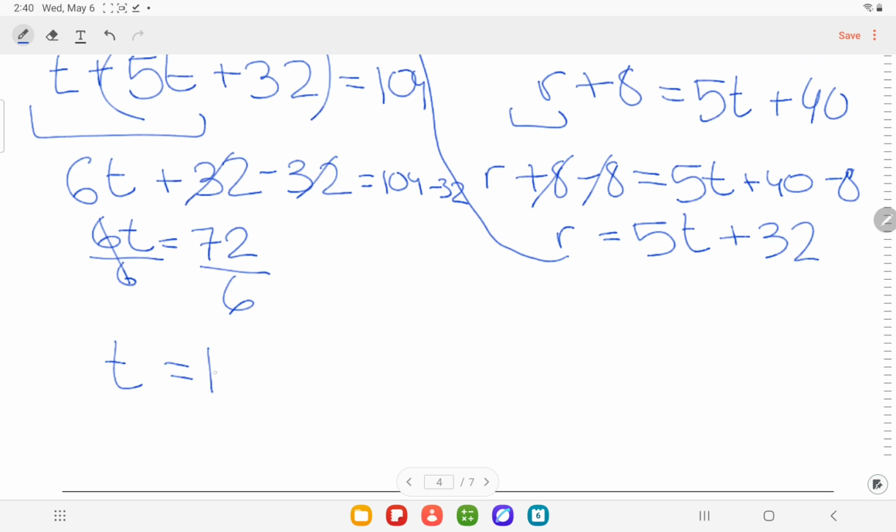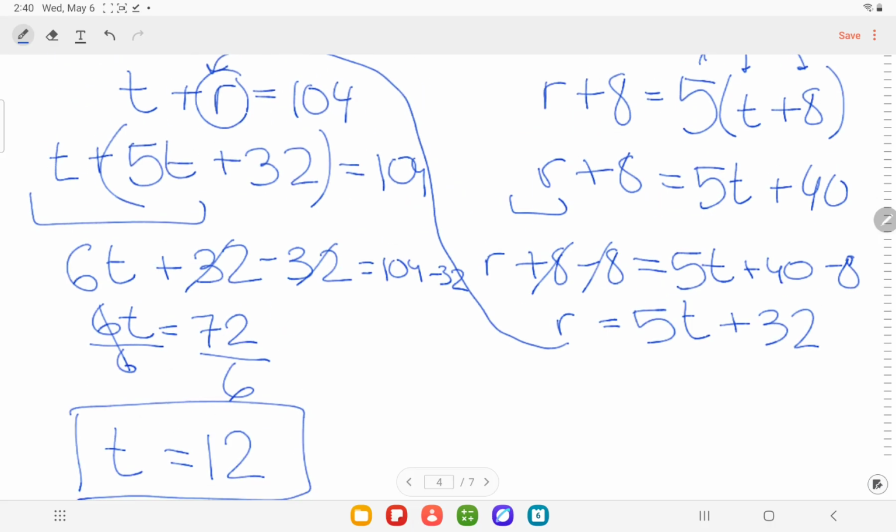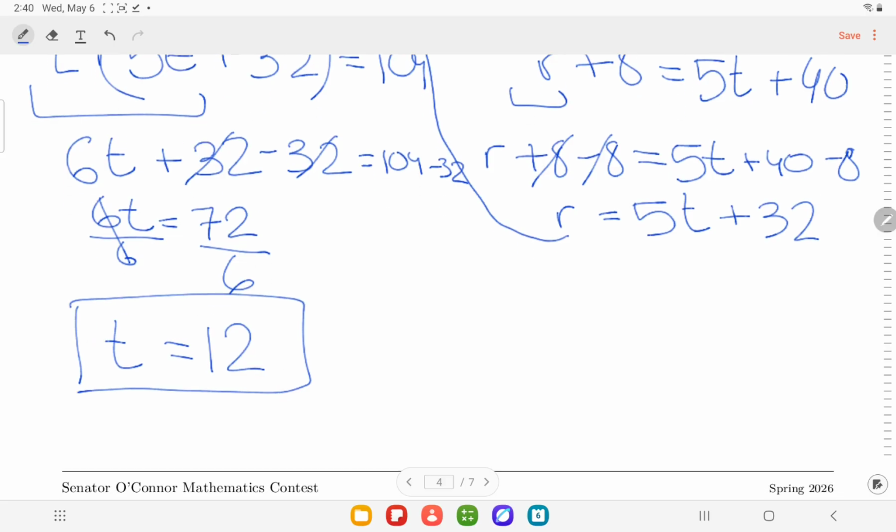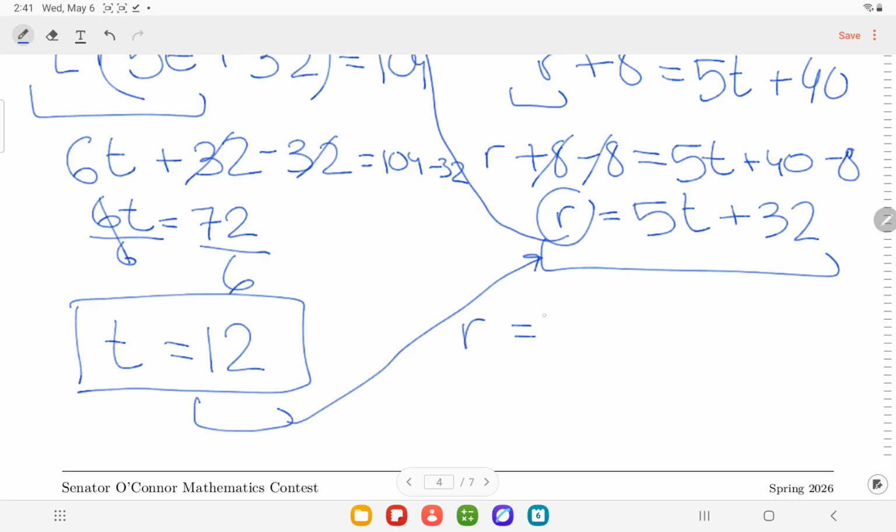And we end up with t is 12. And then to find Riley's age, we can use Trevon's age and plug it into this equation right here to solve for our r. So we end up with 5 times 12 plus 32, which is 92.